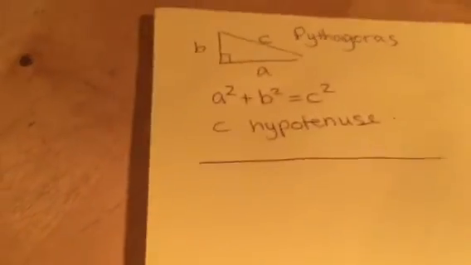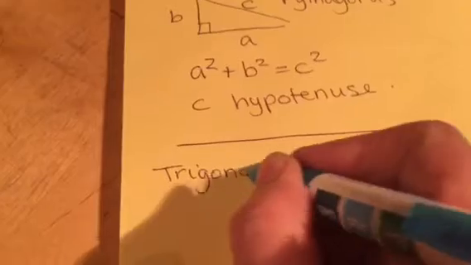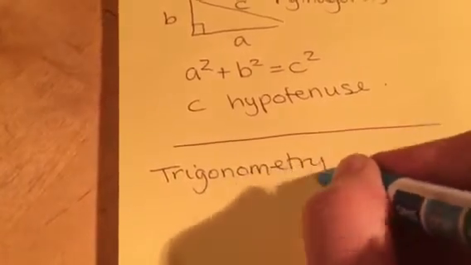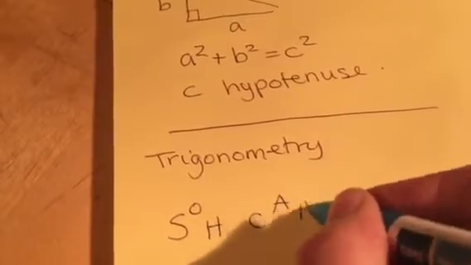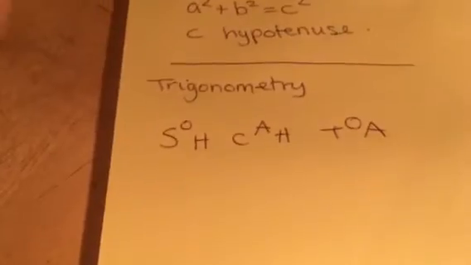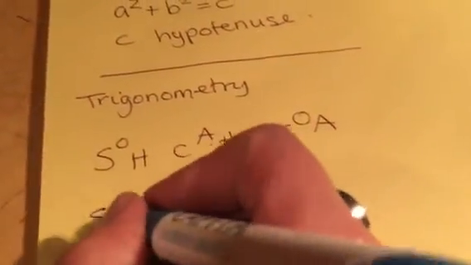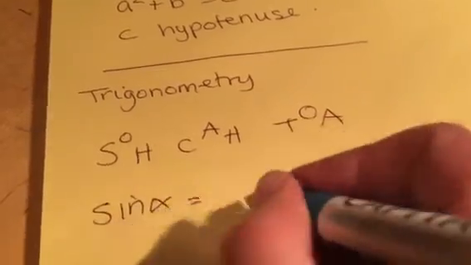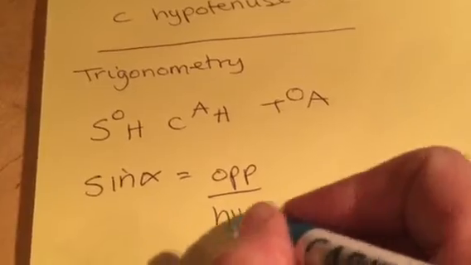You also need to remember trigonometry from GCSE. So the key formula for trigonometry, which most of you will know, is SOHCAHTOA. At A level, you need to be able to write this out clearly in full as well. So you write sine alpha is the opposite over the hypotenuse.